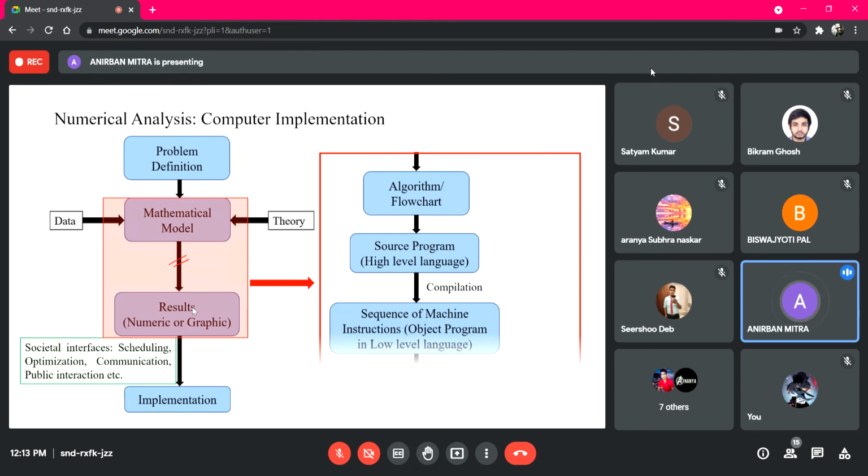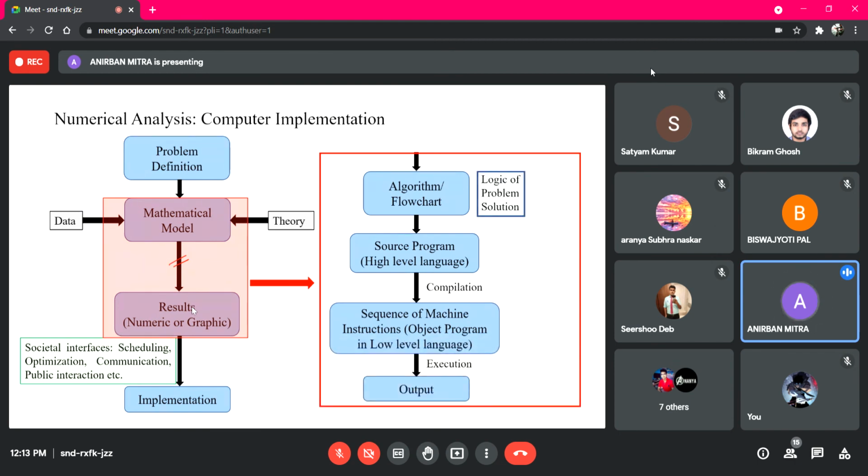First of all, of course, you need to develop the logic of the problem solution. That means you require an algorithm or a flowchart. Based on that algorithm or flowchart, you create a source program in a high-level language. You compile that with specialized compilers.